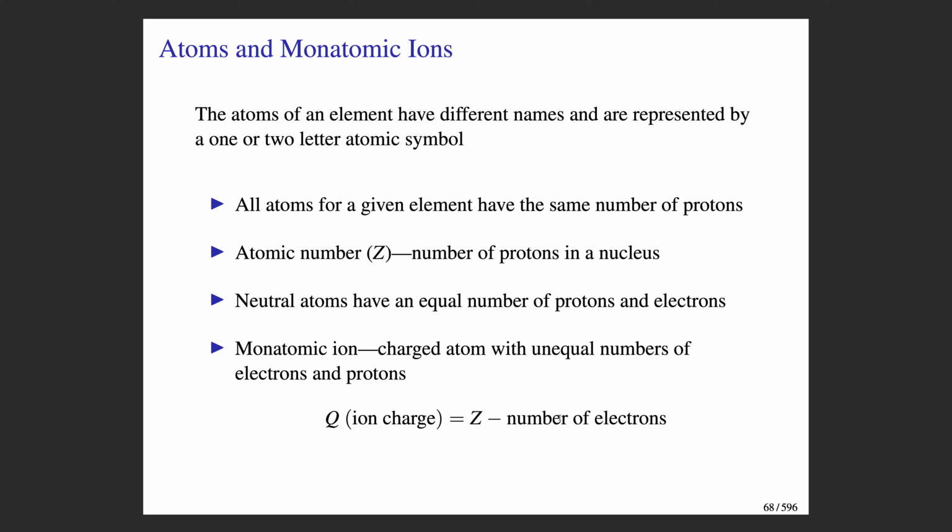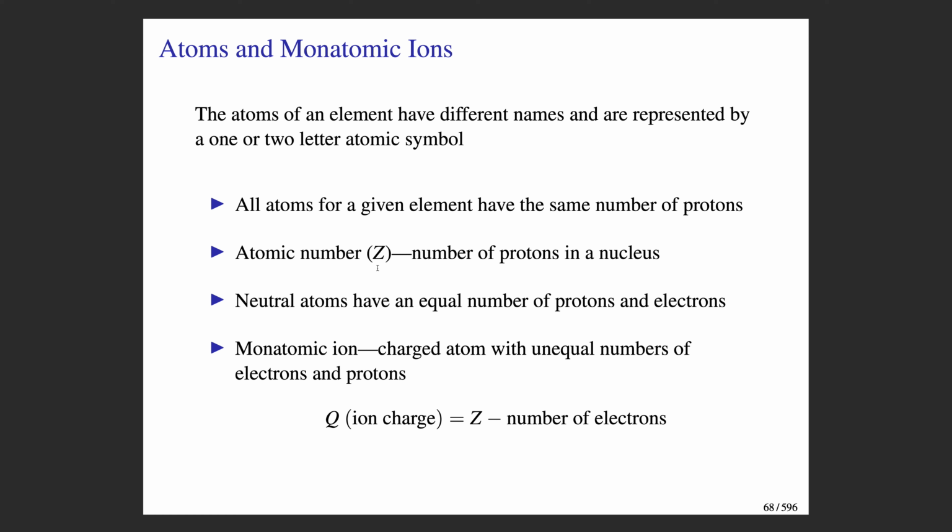And we call this the atomic number, and it usually has the symbol capital Z. So Z represents the number of protons in the nucleus of a particular element's atom. Neutral atoms would have an equal number of protons and electrons, right? If each proton has a +1 charge and each electron has a -1 charge, then in order for the atom to be neutral, you would have to have equal numbers of protons and electrons.